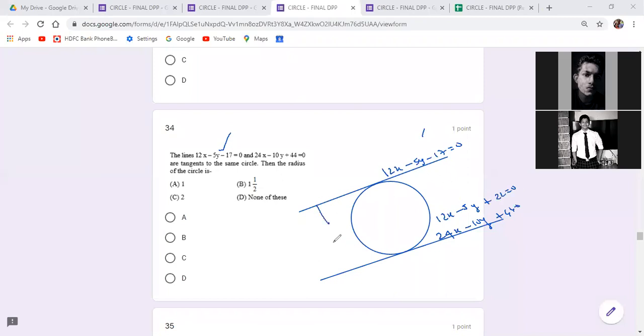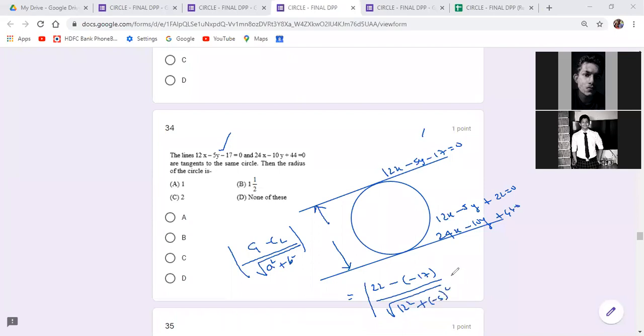So what will this distance be? This is the perpendicular distance between two parallel lines, C1 minus C2 upon root of A square plus B square. C1 is 22 minus 17 upon root of 12 square plus minus 5 square. How much did it become? 39 divided by 13. 3 is your answer.